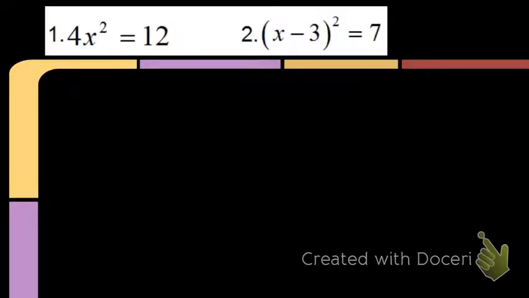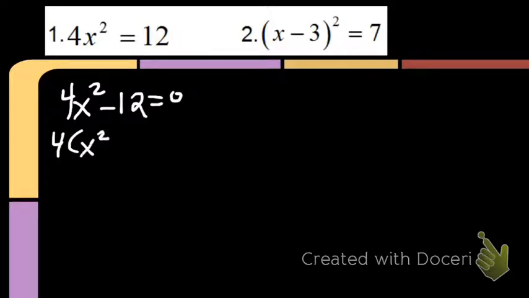So, for example, in 4x squared equals 12, we could divide by 4 and take the square root of both sides. Or you could just do factoring, bring the 12 over, and then factor out a 4, and you get x squared minus 3.